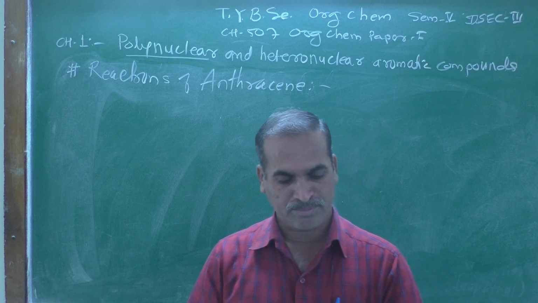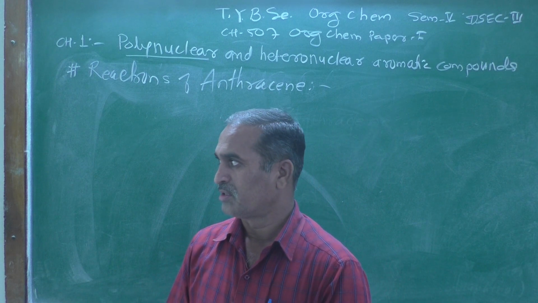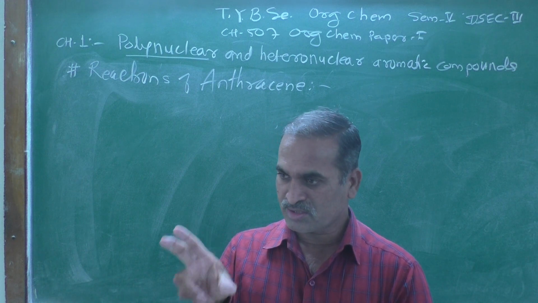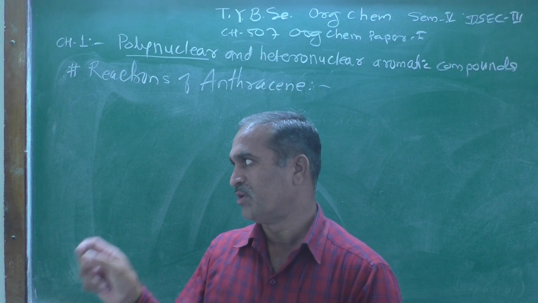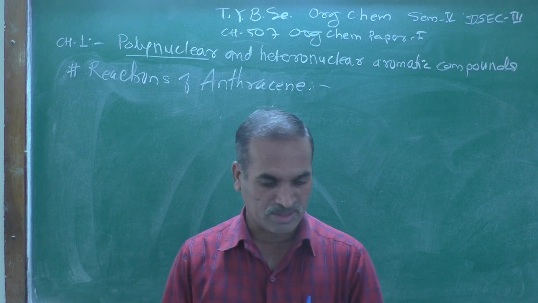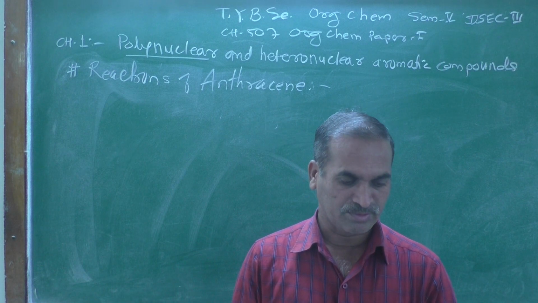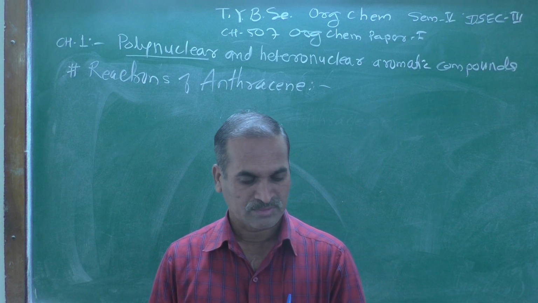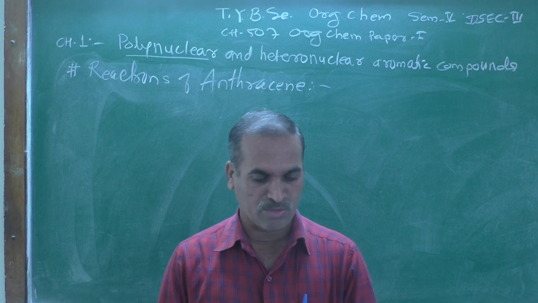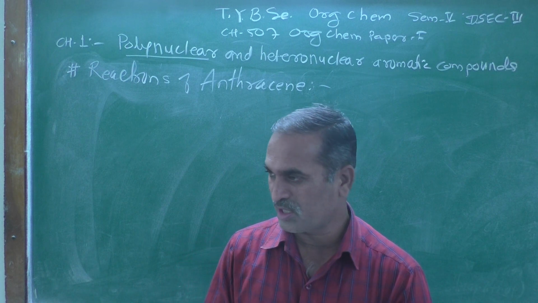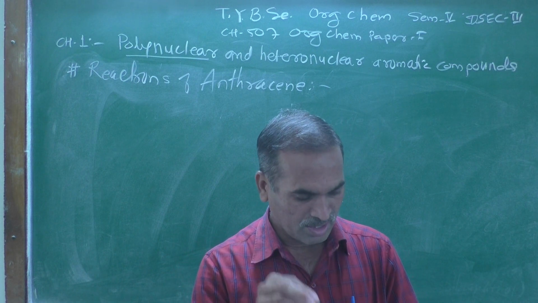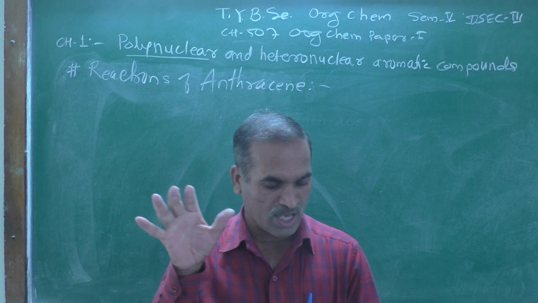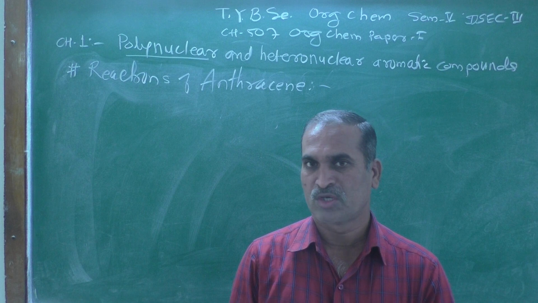On the same basis, the sigma complex formed will be the most stable one, and therefore this anthracene commonly undergoes aromatic electrophilic substitution reaction, radical substitution, and 4+2 cycloaddition reaction.